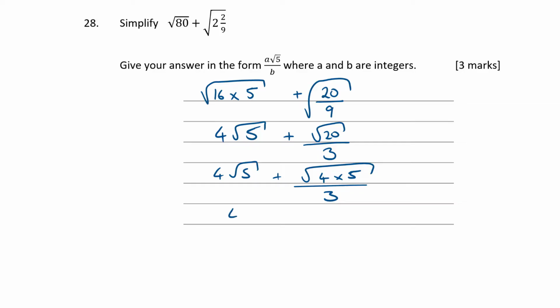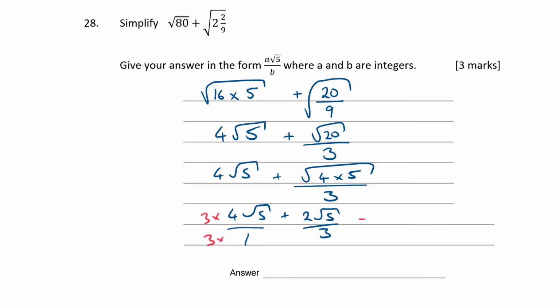So that's going to leave me with 4 root 5 plus 2 root 5 over 3. Okay, so we're almost there. So what can we do about this fraction on the left? If I want to put this over a common denominator, if I take 4, if I multiply top and bottom by 3, it's 4 over 1 at the moment. So if I multiply it by 3 by 3, then I'm going to get 12 root 5 over 3.